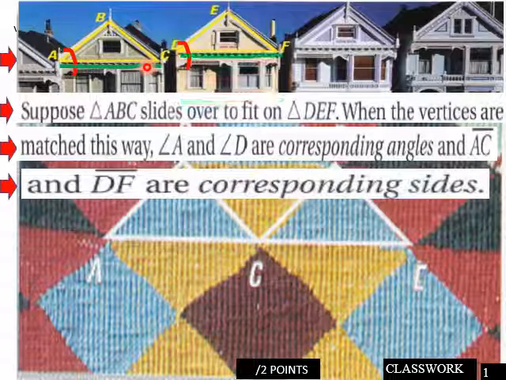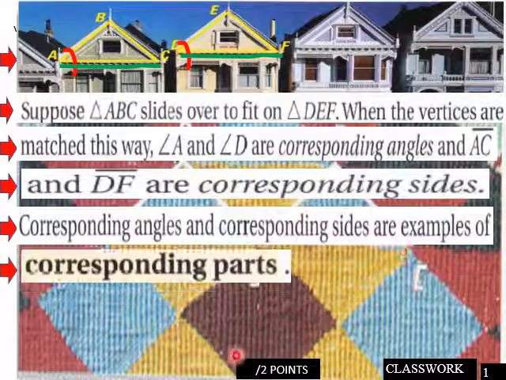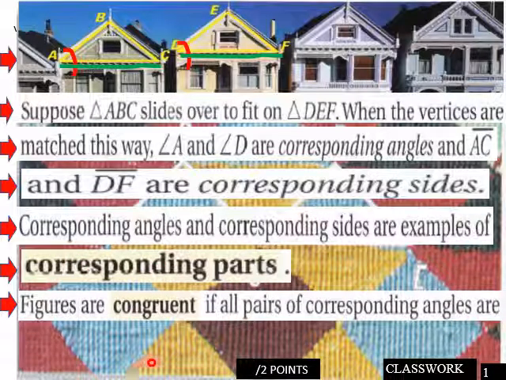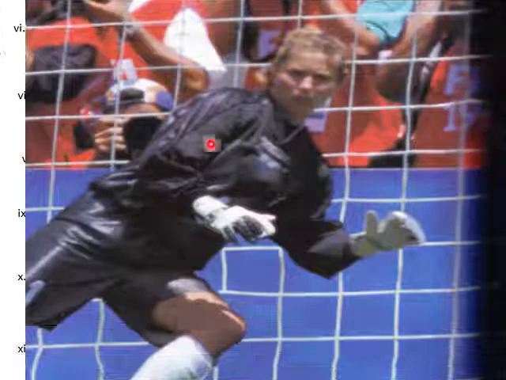So line AC and line DF are corresponding. Corresponding angles and corresponding sides are examples of corresponding parts. Figures are congruent if all pairs of corresponding angles are congruent and all pairs of corresponding sides are congruent.